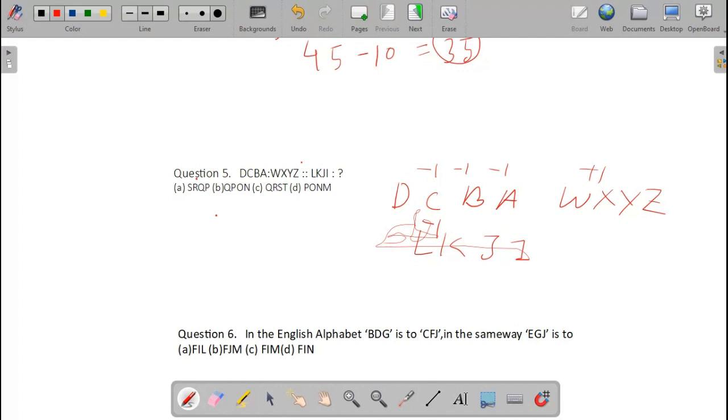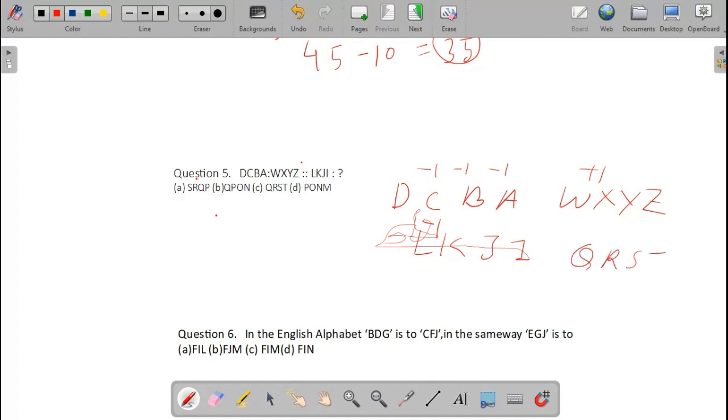So SRQP is also decreasing. Then QPON, similarly, is decreasing 1 alphabet. Here we can see QRST.